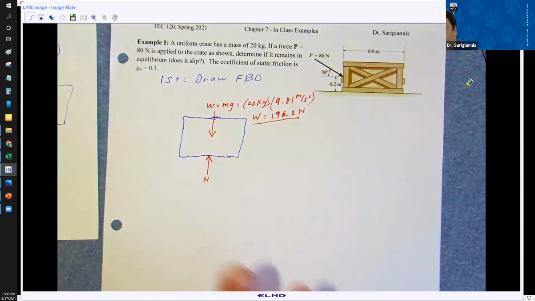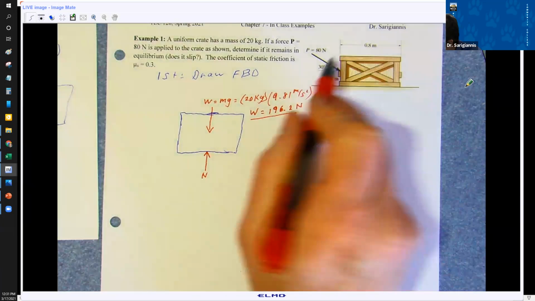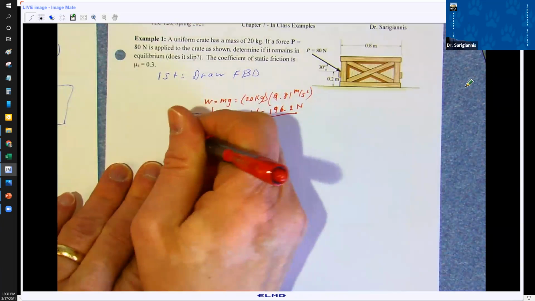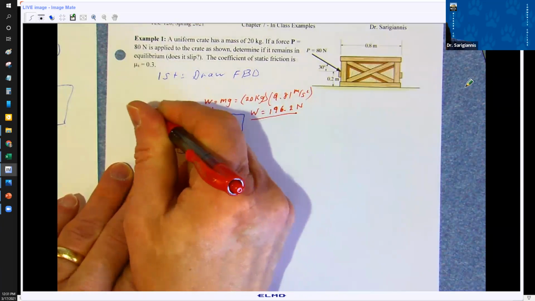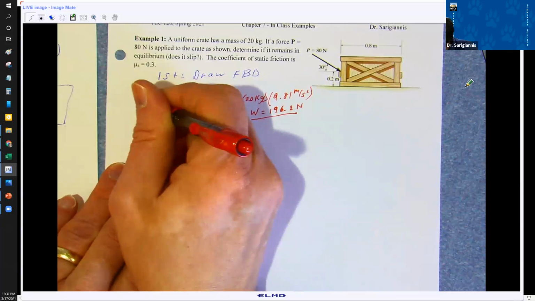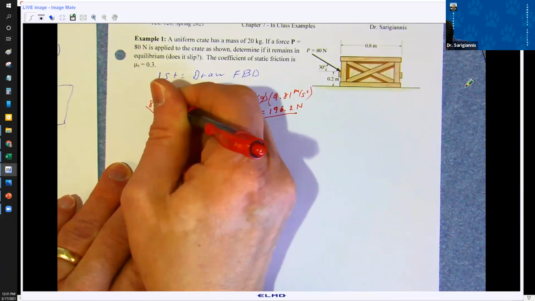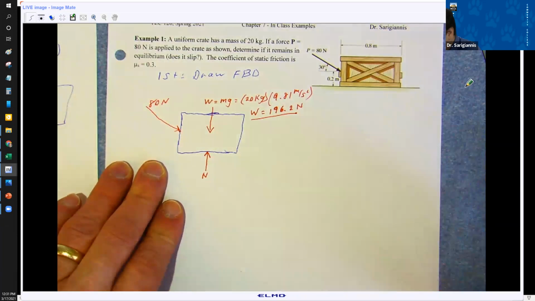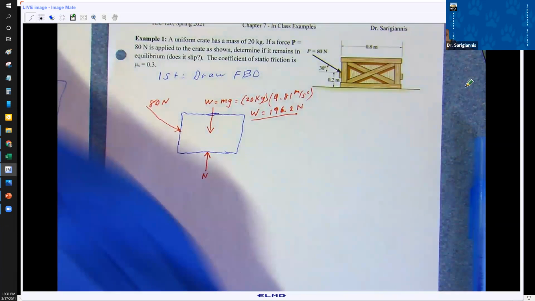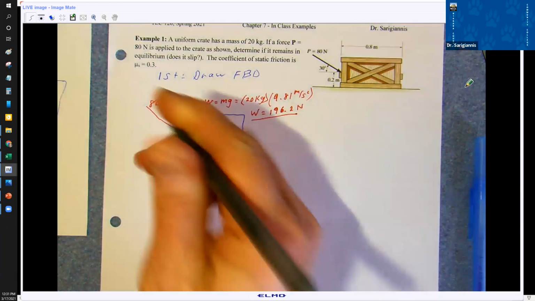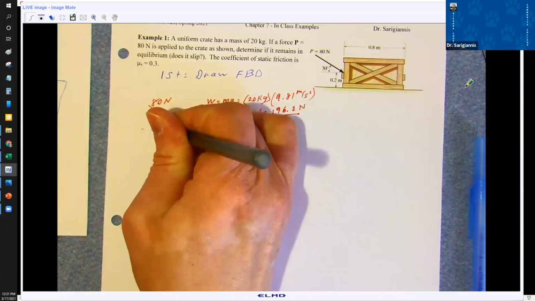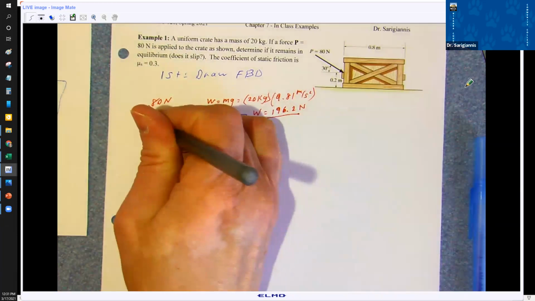I have two more forces to put on this. I have this force, the 80 Newton force, which comes off at an angle of about 30 degrees. This is supposed to be a straight line. Where's my black pen here? Oh. This is 30 degrees.